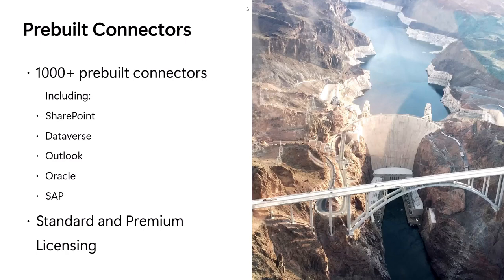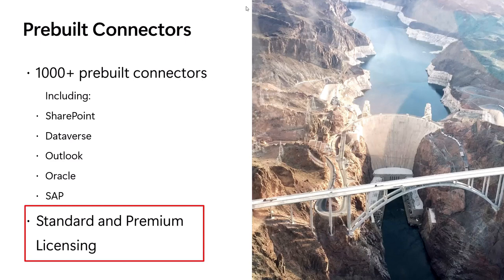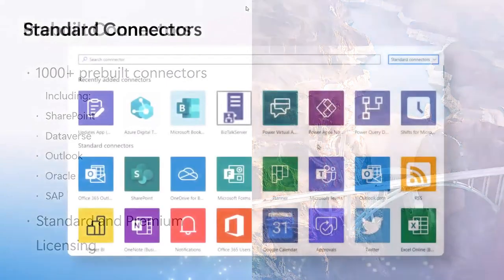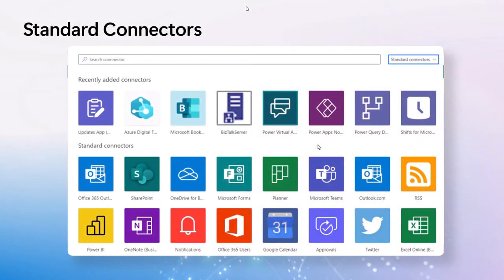Connectors fall into either standard or premium licensing categories. And typically, you'll find that many of the Microsoft connectors will be found in the standard category, whilst the third-party connectors would fall into the premium licensing category. On the screen, we can see some examples of standard connectors.